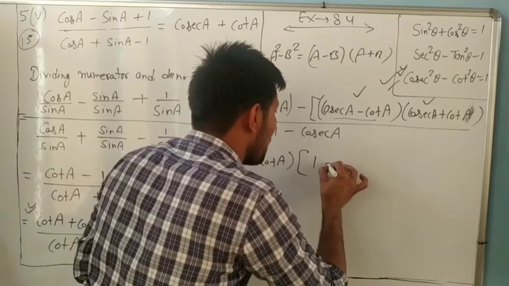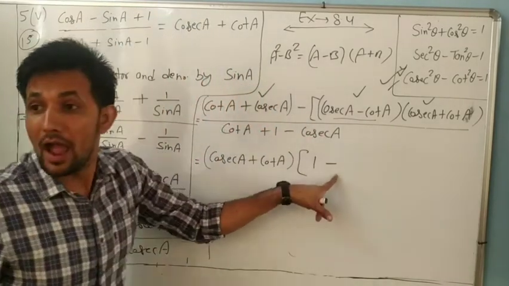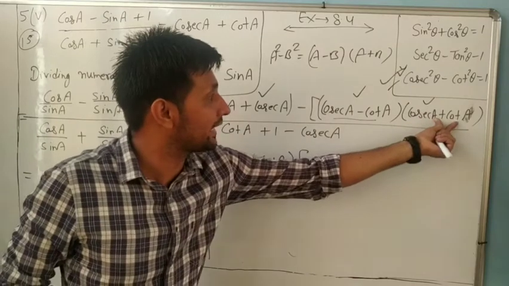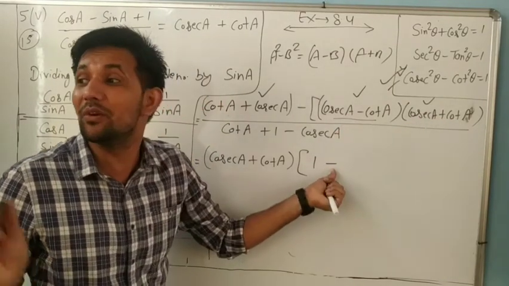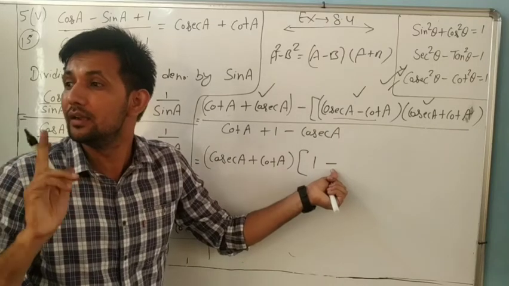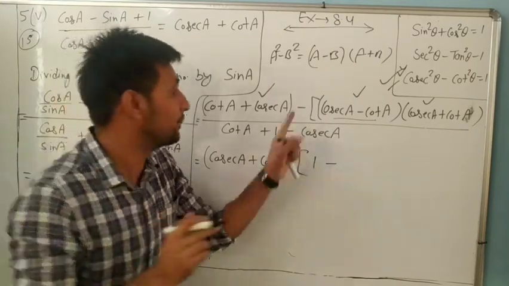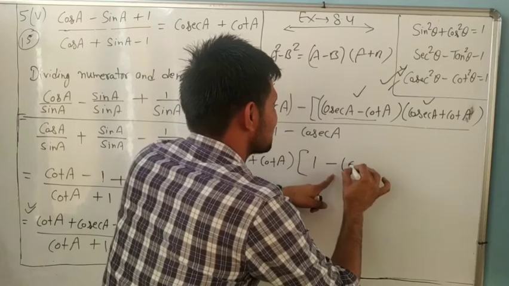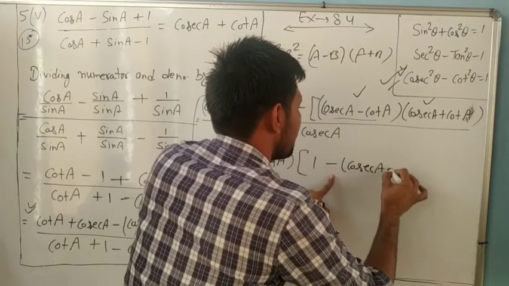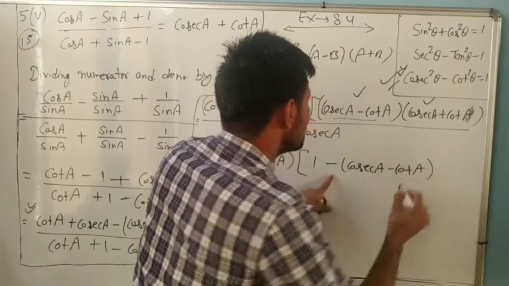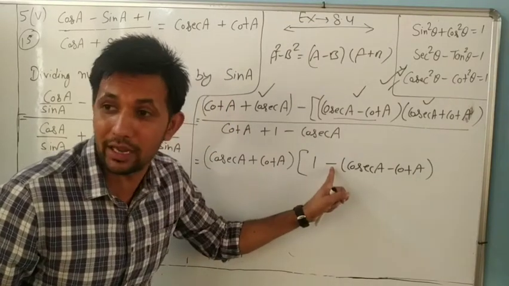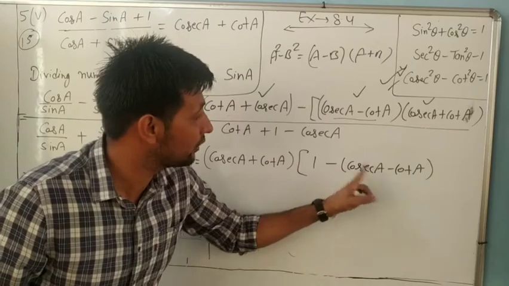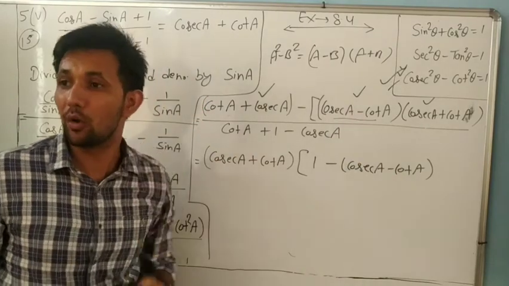Now look at the minus sign, and after taking the common term, what is remaining? This one. And whenever a minus sign is given, always use a bracket. Very important. So 1 minus, cosecant A minus cot A. Because here minus is multiplied with both numbers. Is the sign changed or not? Negative into positive, negative. Negative into negative, it becomes positive. Okay dear?